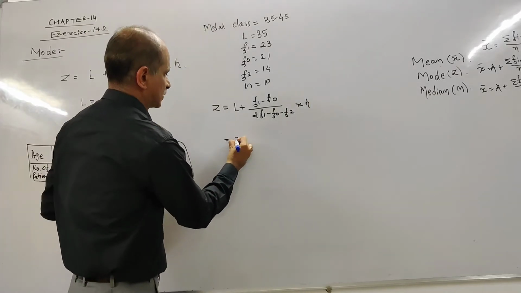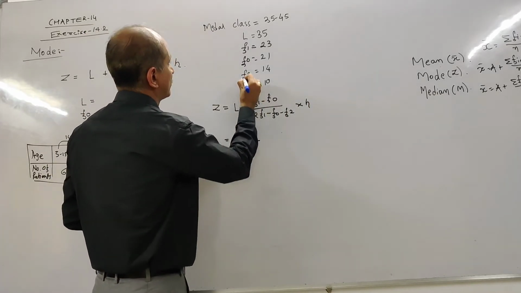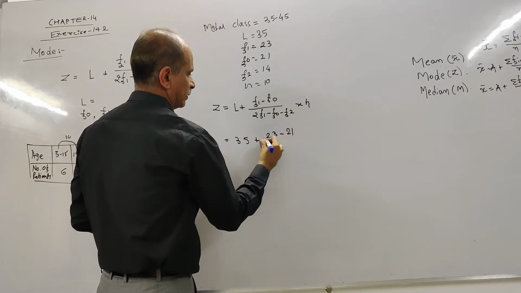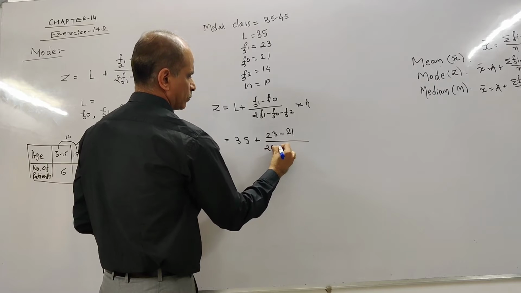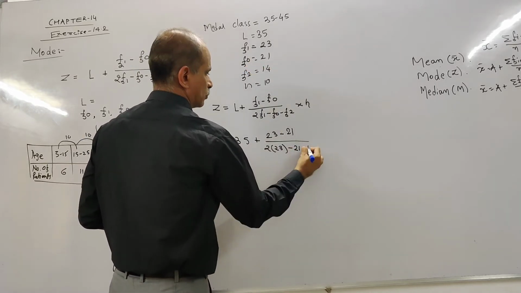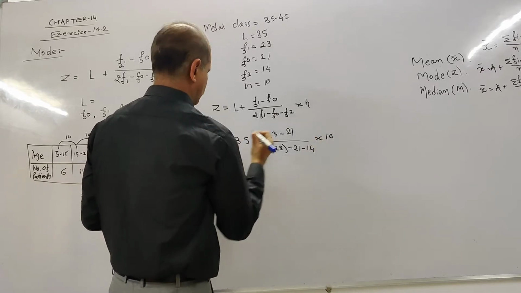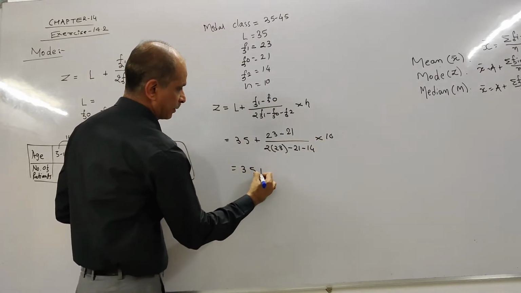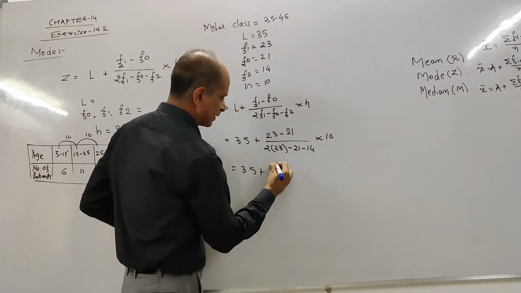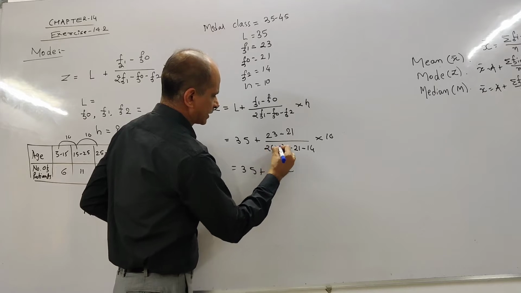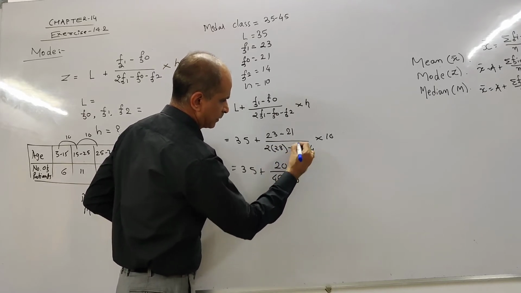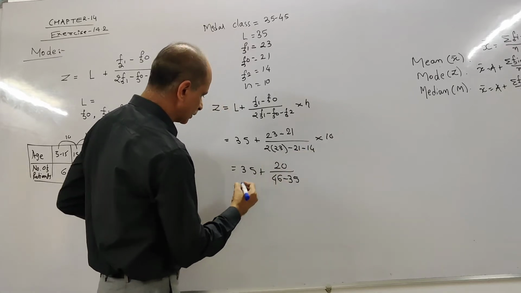So L means 35 plus F1, that is 23, minus F0, 21, upon 2 into 23 minus 21 minus F2, that is 14, into 10. So it is equal to 35 plus 23 minus 21, that is 2. 2 tens are 20. 2 times 23 is 46, minus 21 minus 14, that is 11.